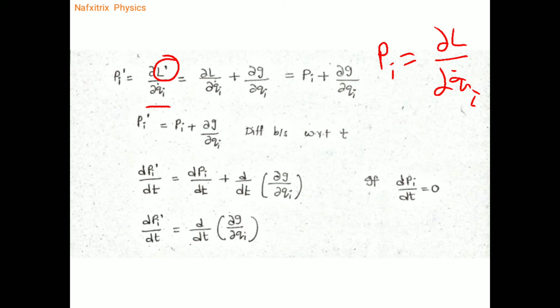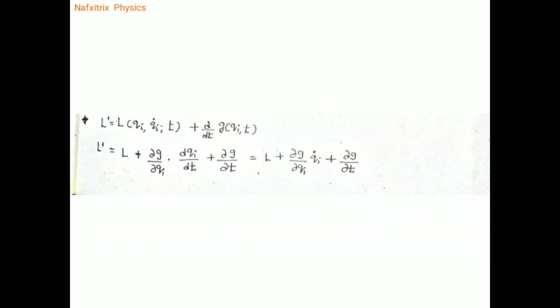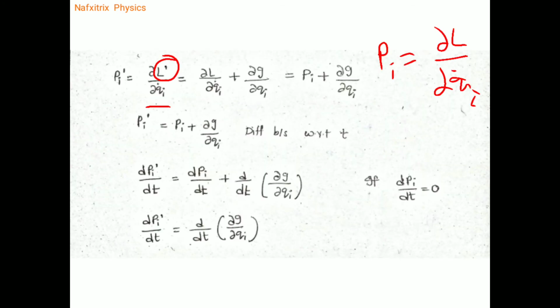So next, if we do so, dou L dash by dou q_i dot, based on this expansion. L dash is nothing but L plus dg by dt.